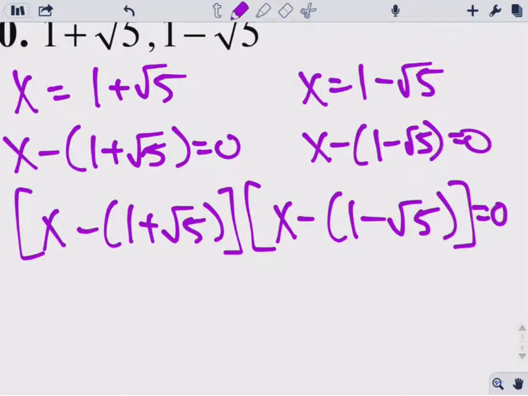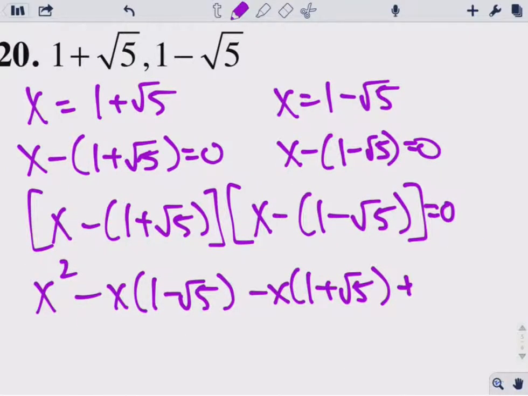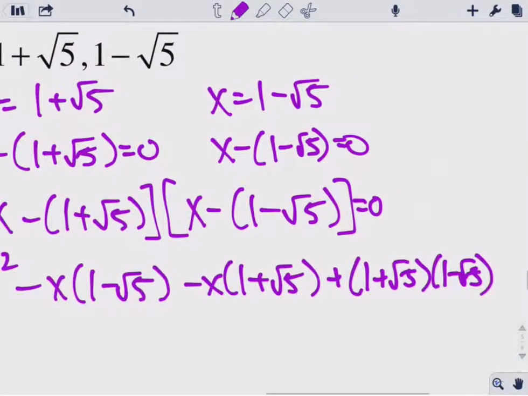FOIL. X squared minus x times 1 minus root 5 is your outside, minus x times 1 plus root 5 is your inside, and your last is plus 1 plus root 5 times 1 minus root 5. That all equals 0.